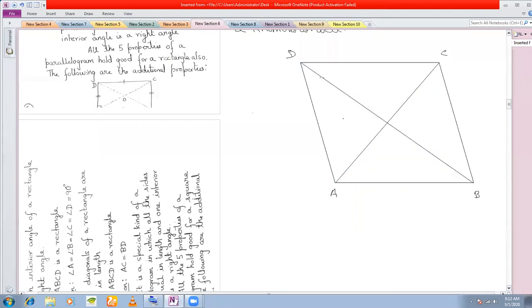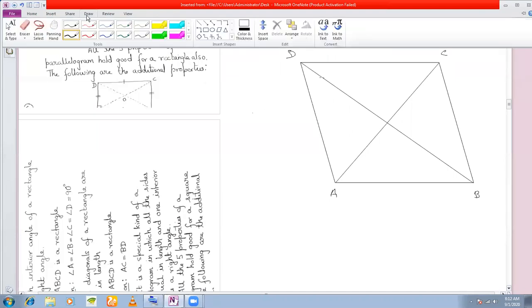These are diagonals of this rhombus. AC and BD are the diagonals of the rhombus ABCD.